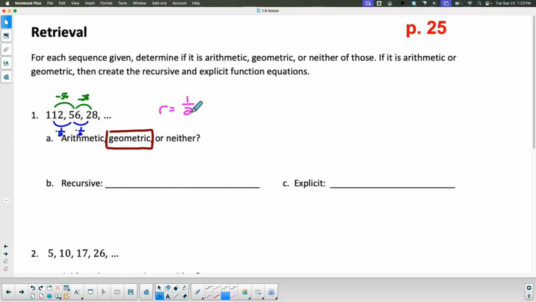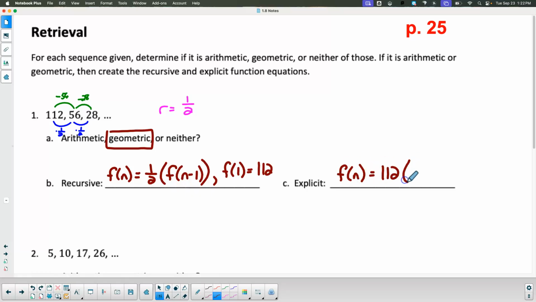Okay? So my recursive function is going to be f of n is equal to 1/2 times f of n minus 1, starting at 112. My explicit function is going to be f of n equals 112 times 1/2 to the n minus 1 power.